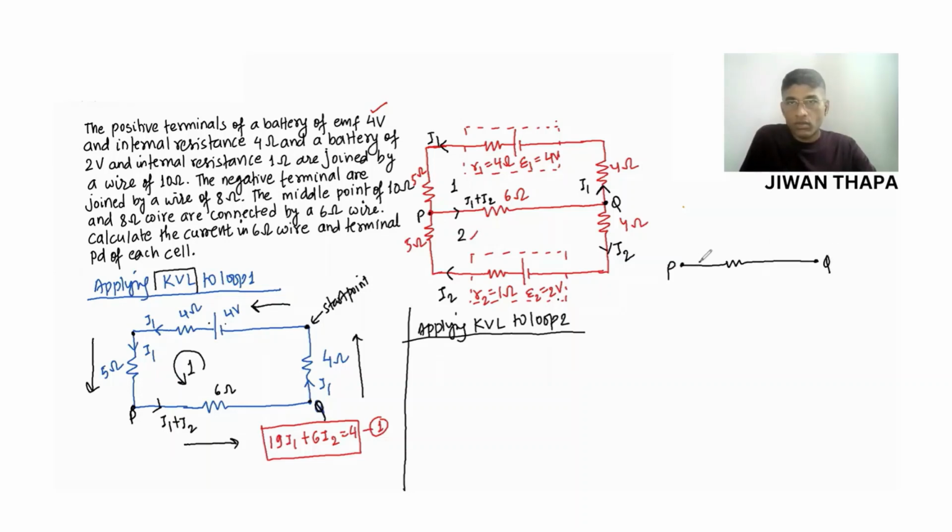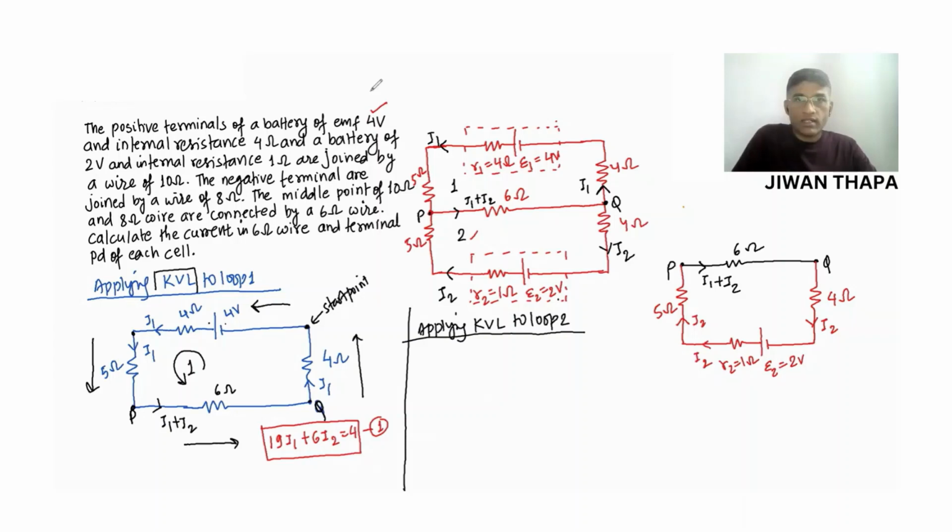This is Q. 6 ohm. This is 5 ohm. This is E2 equals 2 volt. R2 equals 1 ohm. 4 ohm. So we have I2 along this direction. So in this resistance, we have I2 along this direction, and we have I2.